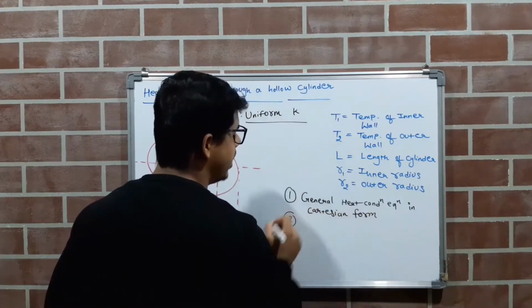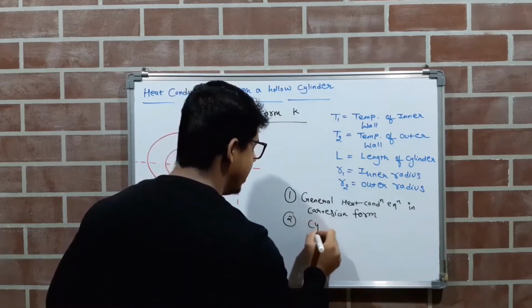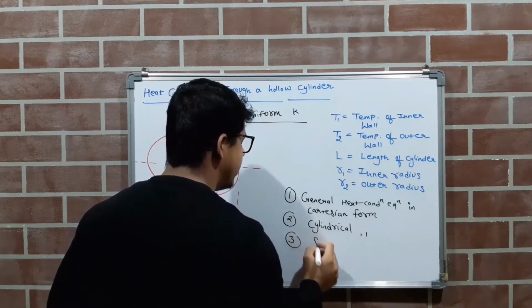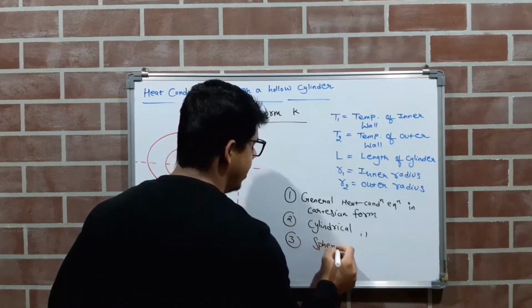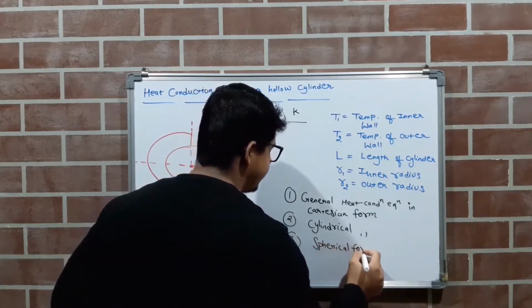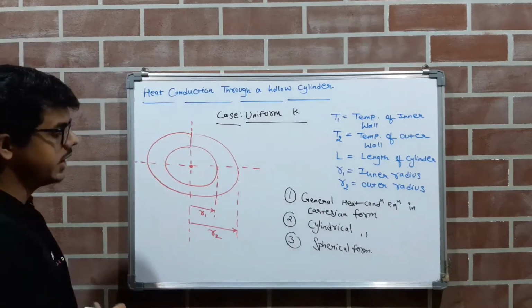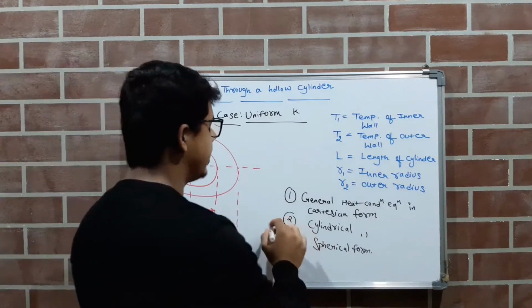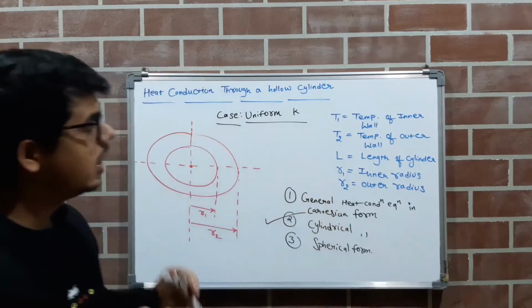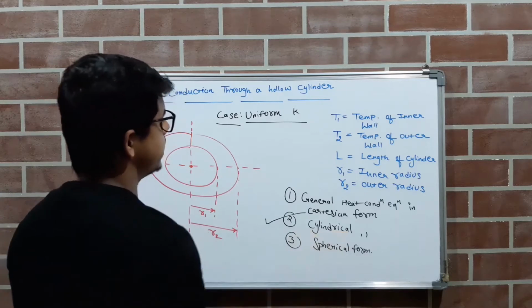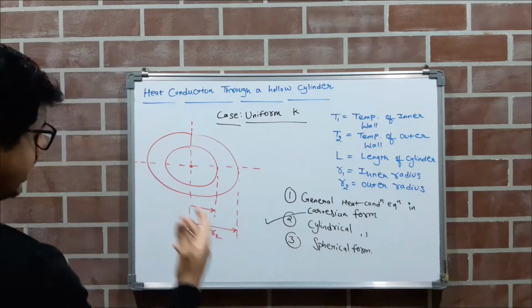Then we have the general heat conduction equation in cylindrical form. And third we have the general heat conduction equation in spherical form. As we have a cylinder, we will use the general heat conduction equation in cylindrical form. If we use this equation, then we have to consider some assumptions.